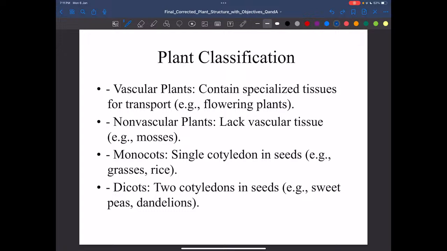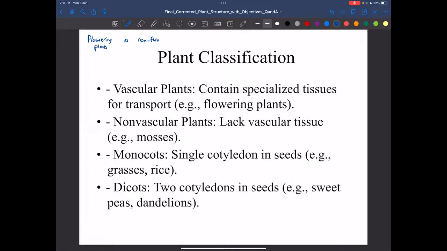What's special about plants is that they have a cell wall that is made of cellulose, right? And they also have chloroplasts, which help them perform photosynthesis. Now there are two major groups of plants. The first major group is flowering plants versus non-flowering plants.